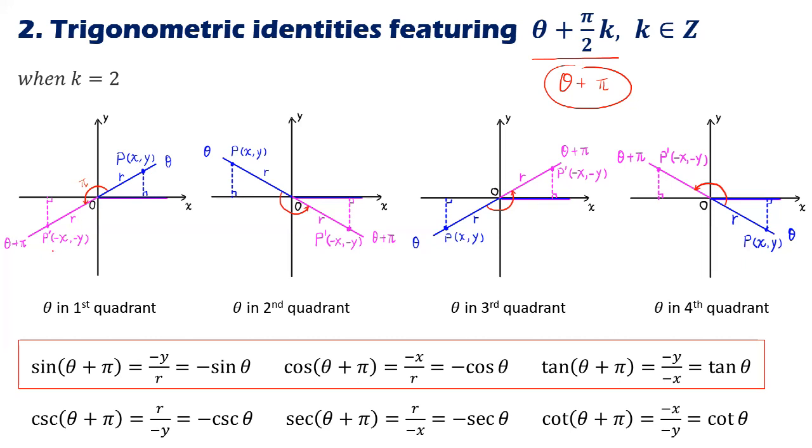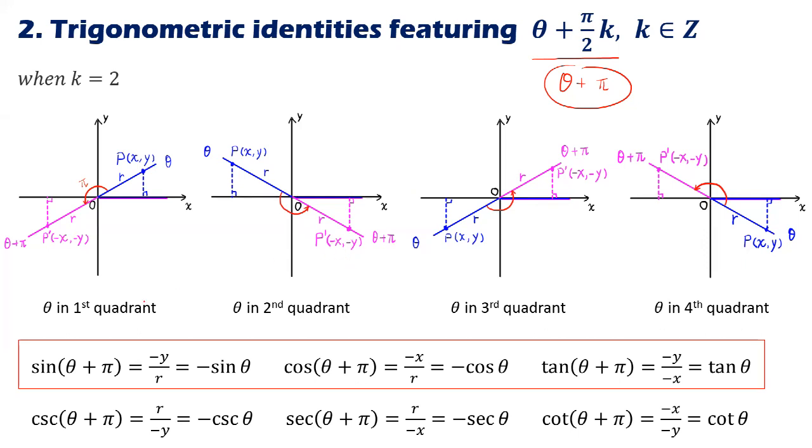And the same thing will happen if theta is in any of the other quadrants: P with coordinates x, y will come to a new position P prime with coordinates minus x, minus y. Understand?